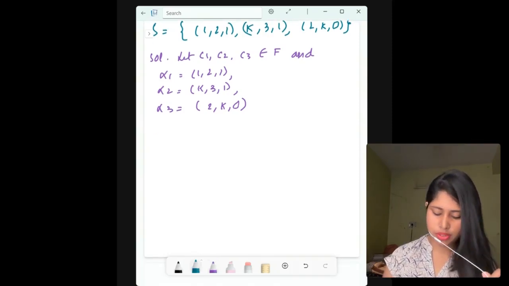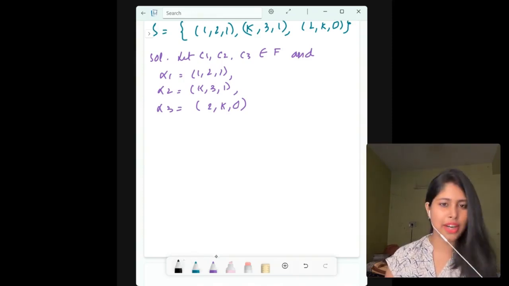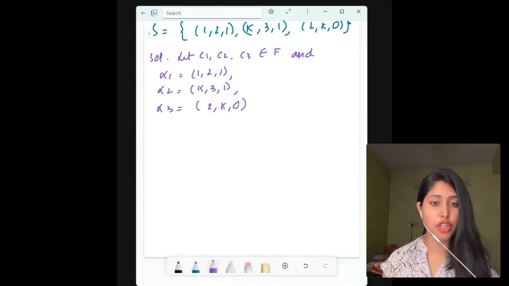So let me write it. You have to basically write what the given condition is and what the definition of it is.